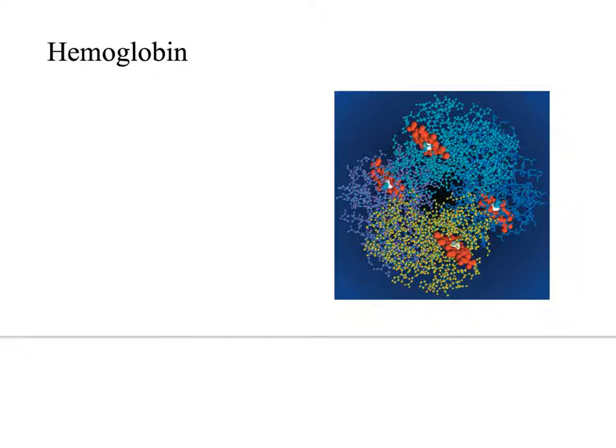This is a picture of the protein hemoglobin. We're going to look more at the equilibrium of this molecule. If we think about reactions that happen in the laboratory, we have some that will go only in one direction.